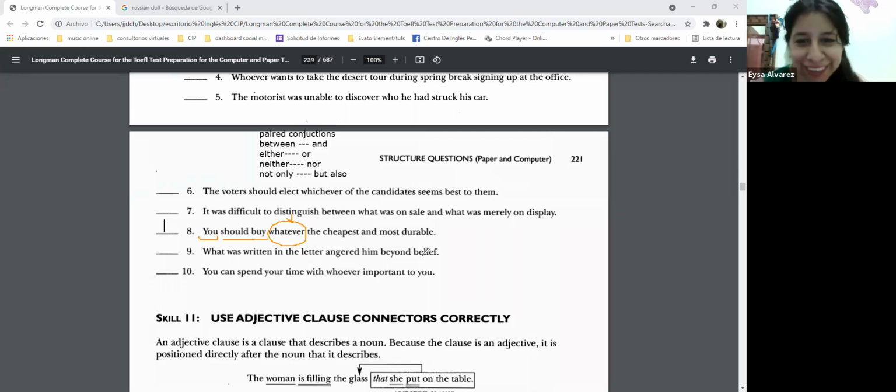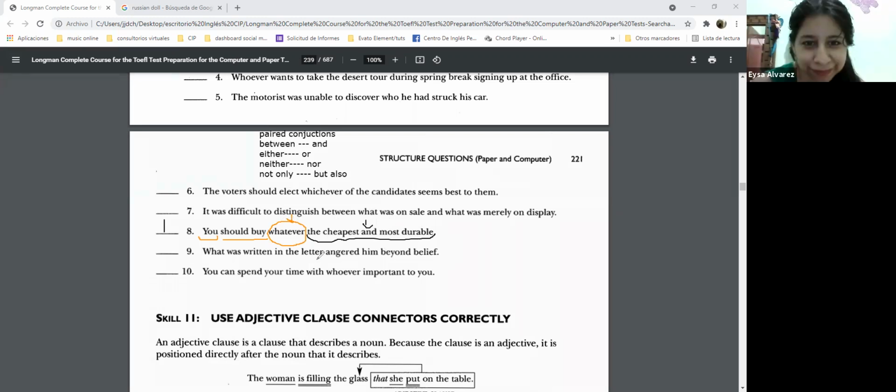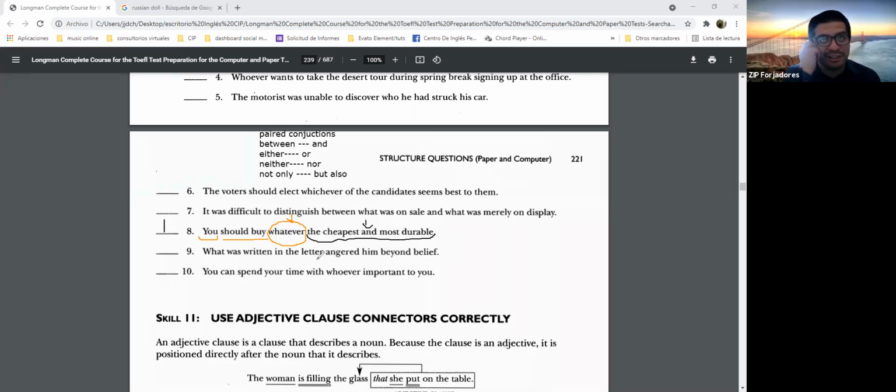And "most durable" too. So this is a conjunction joining the cheapest and most durable, adjective and adjective. So yes, this is the subject, whatever, but we lack a verb. That's why it's incorrect. If you only put "is", it's okay.